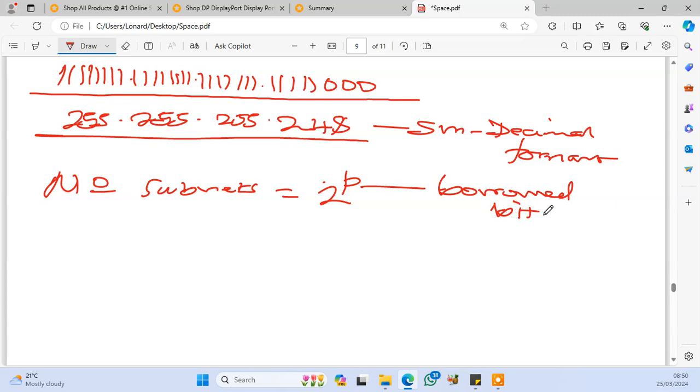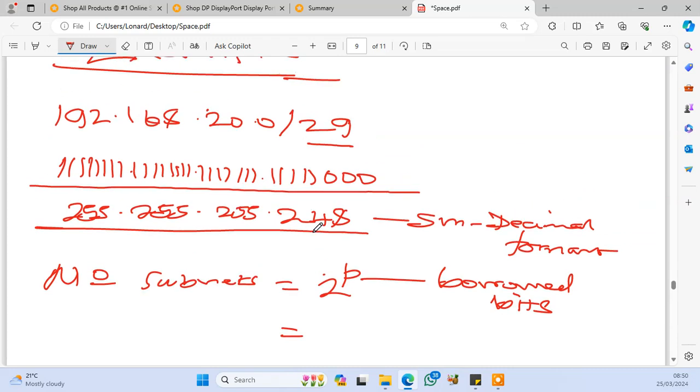I remember saying that the bold bits are those network bits that are in an octet boundary. Our octet boundary is this one here, the octet that you're trying to segment or divide. The network bits in that octet boundary, there are 5. So it will be 2 power 5, giving us 32.